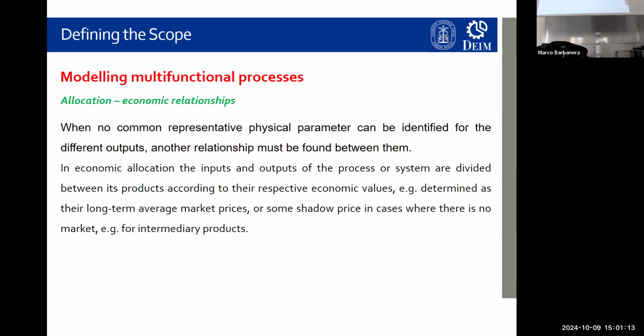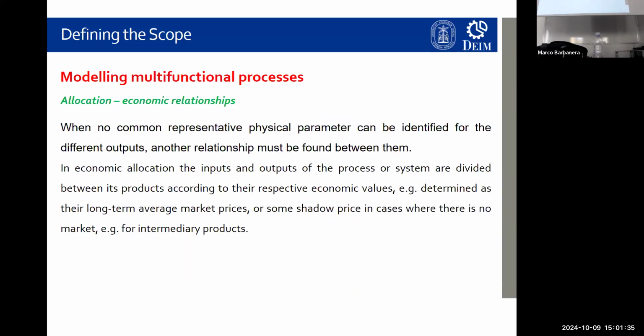When no common representative physical parameter, so for example, mass and energy content, can be identified for the different outputs, another relationship must be found between them. Economic allocation is a good option for this.